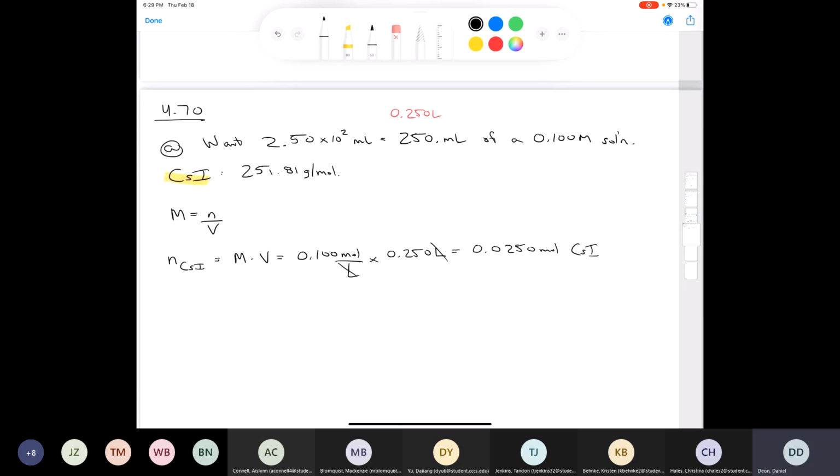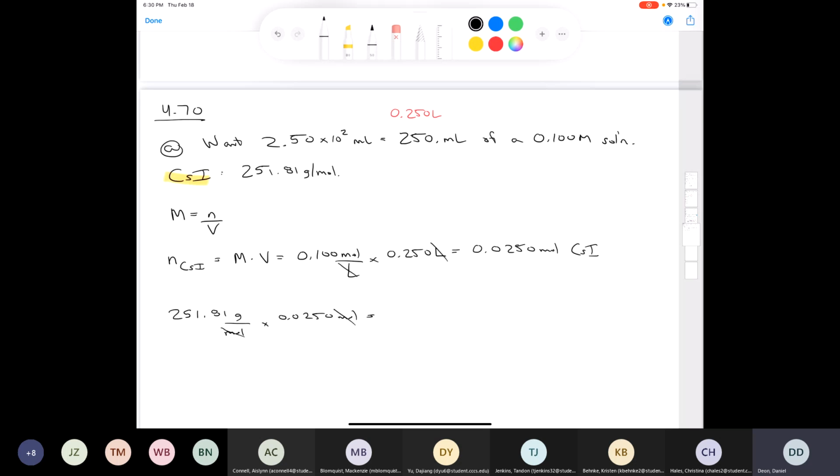Okay. So then I take the molar mass of my cesium iodide, 251.81 grams per mole, and I multiply that by 0.0250 moles. Moles cancel, and I'm left over with 6.30.